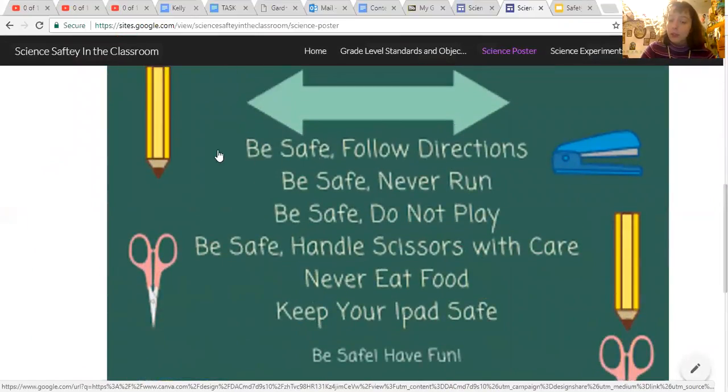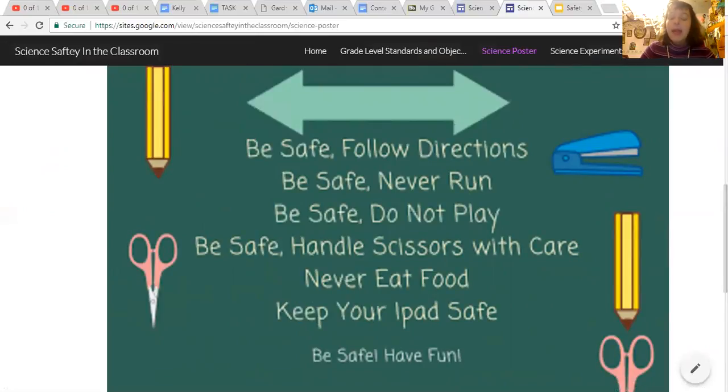These are all the directions, all the rules I expect of you in the classroom. Be safe. Follow directions. You need to follow directions at all times, no matter if we are doing science, math, literacy, or if we're walking in the hallway. Never run. If you run, you could hit someone, you could hurt someone, you could hurt yourself. Be safe.